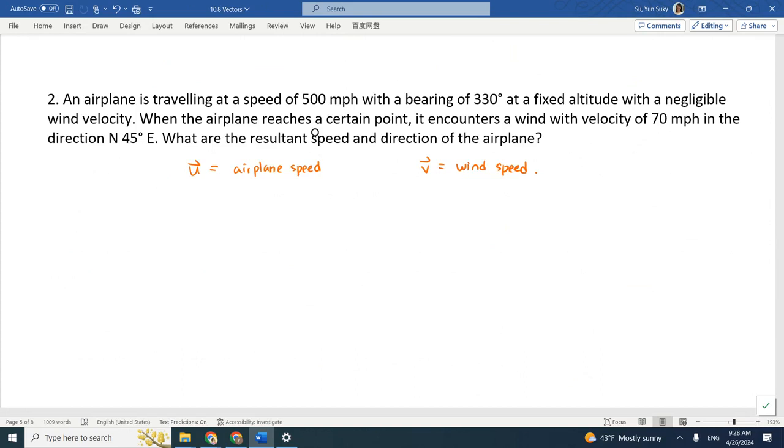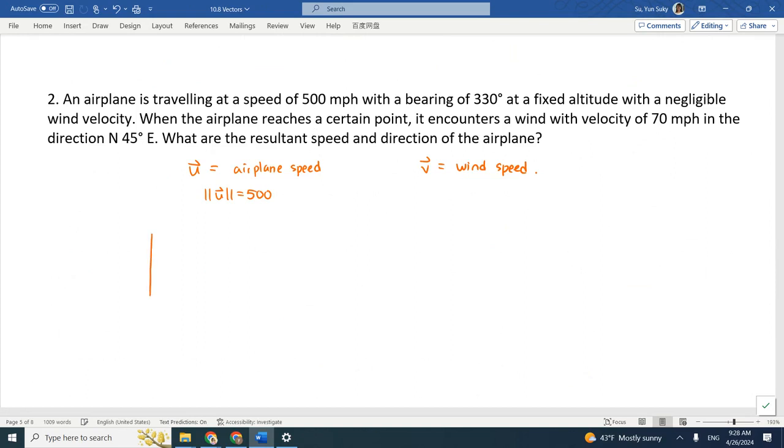Let's look at the airplane speed. So the airplane has 500. That's the speed, which is the magnitude, with the bearing of 330 degrees.